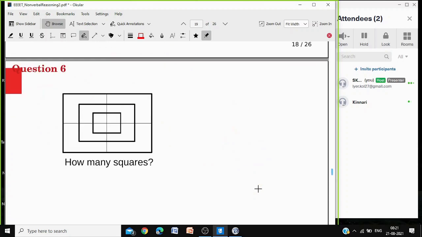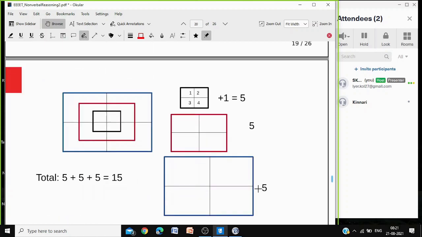Yes. Now, how many squares are there? See, how will you do that? First, let us take it unit by unit. First, let us take the smallest unit. When you divide a square into 4 parts, you actually get 5 squares: 4 small squares, 1, 2, 3, 4, and the entire outside square taken together as 1.